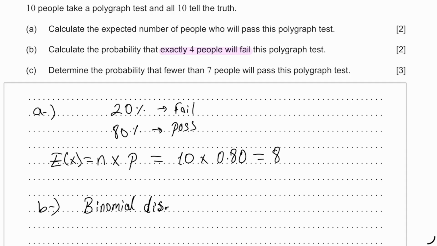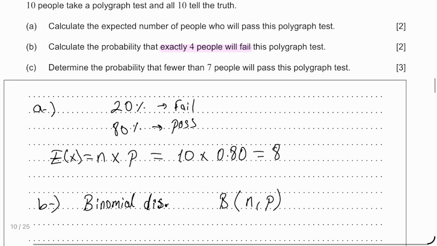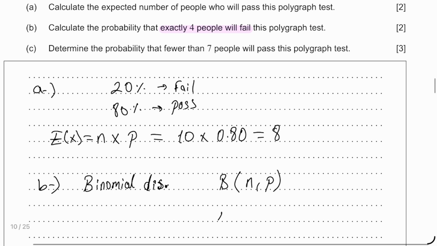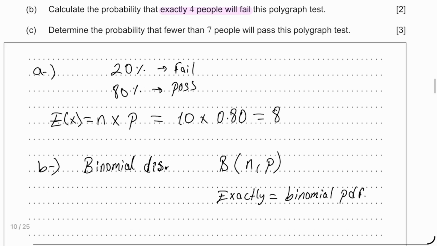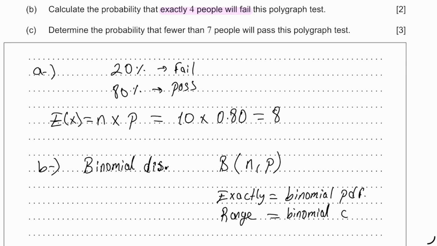We show binomial distribution with the number of trials and probability of success. If they say exactly one value, we use binomial PDF in the calculator. If we are given a range, like more than 2, more than 5, less than 3, we use binomial CDF. That's all.